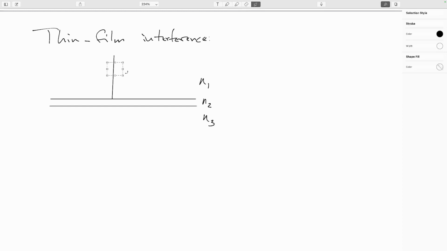Pardon me a moment here. There. So I'm going to have to draw this at a very slight angle. Well, we'll just do it like this. So we have light coming in. Now, what's going to happen here is that some of the light is going to reflect right off. And it'll reflect straight back up, but the drawing will get really cluttered. So I'm just going to displace it off to the side like that. So some of the light gets reflected.